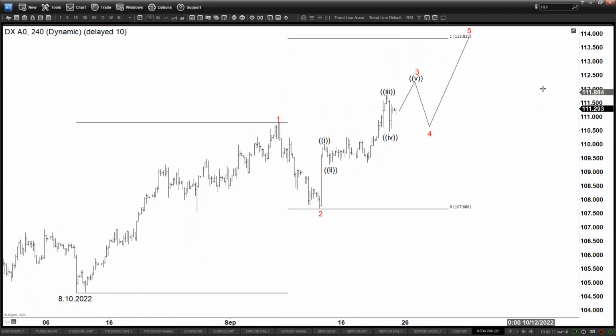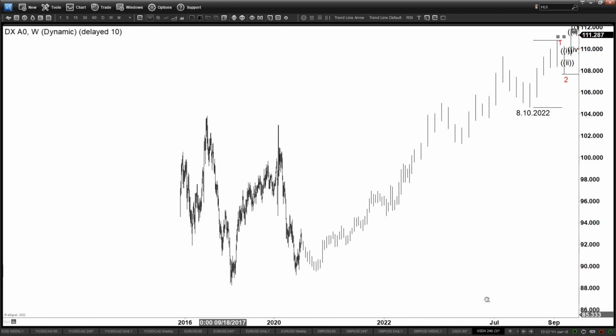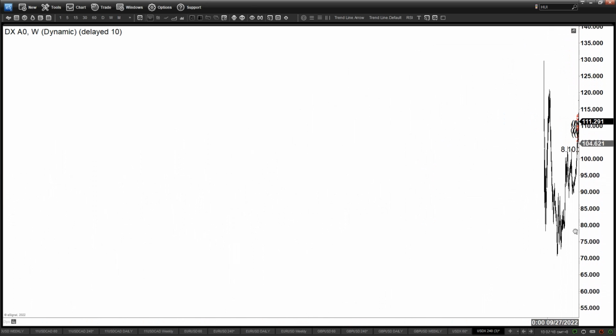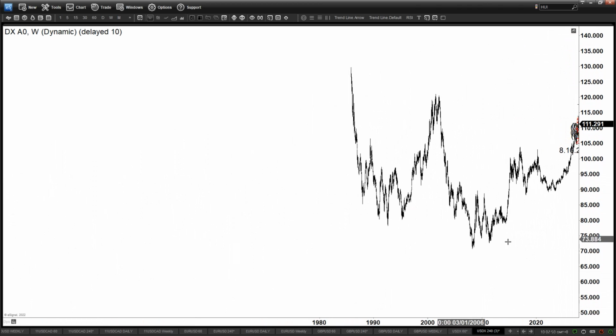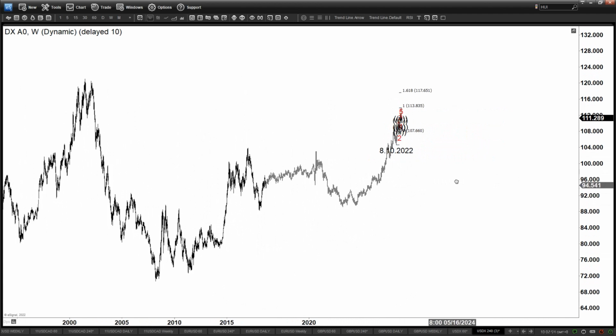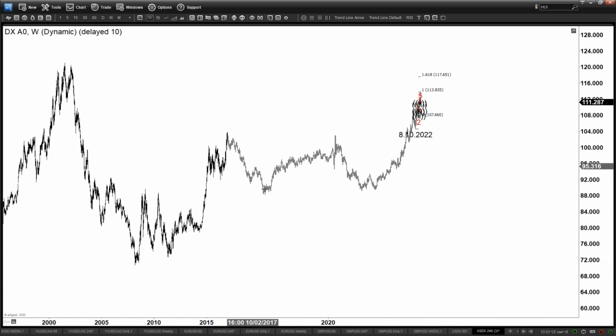But the idea simply is that if you look at the structure itself, it doesn't look complete. First of all, if you look at the weekly and the daily of the dollar index, there is no question that this rally has been impulsive, starting from the bottom in 2008.